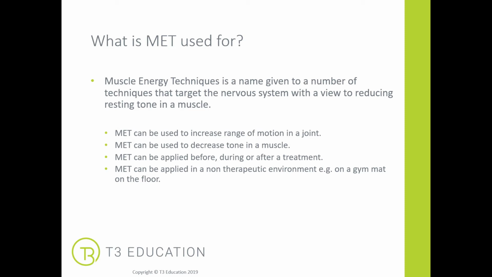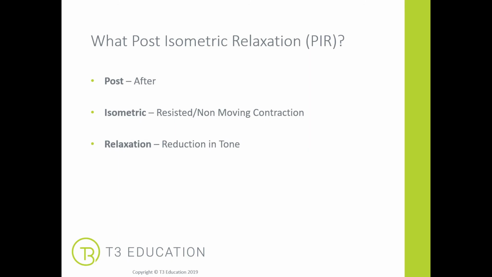You can use it before, during, after a treatment. And it can be applied in a non-therapeutic environment on the gym floor, pitch side, for example. So it's quite a useful technique, and it allows us to create a result in a muscle without actually having to touch that muscle or apply massage to it. And that in itself is attractive.